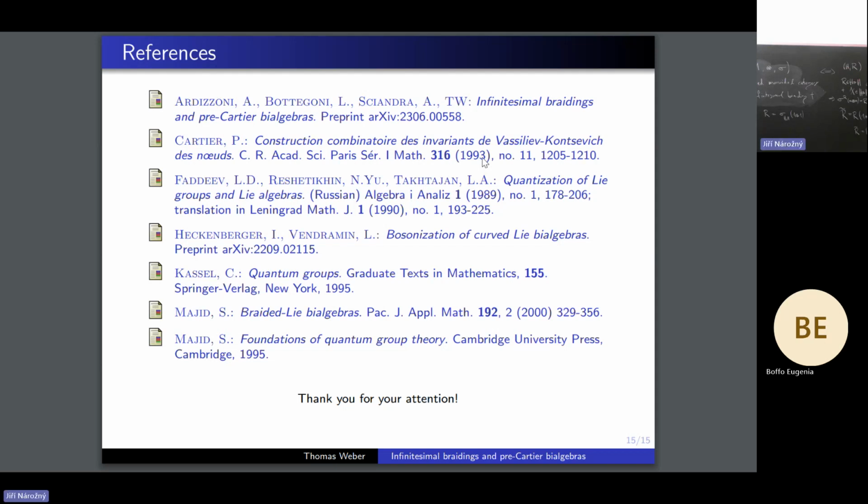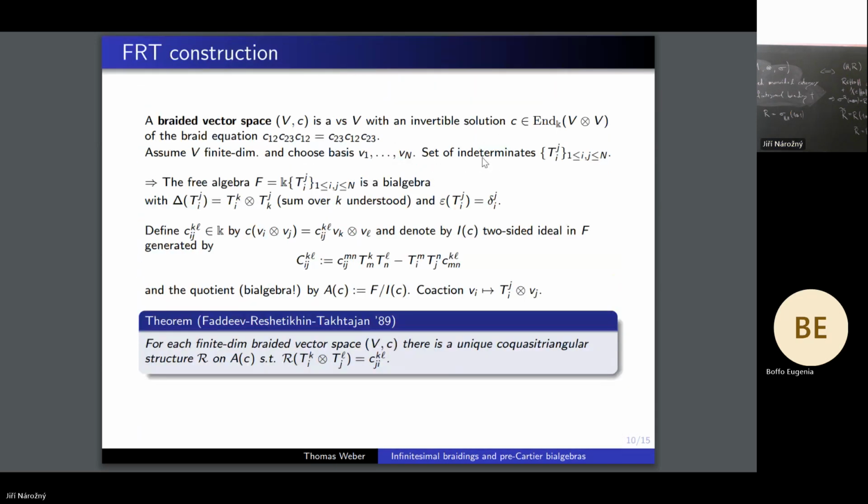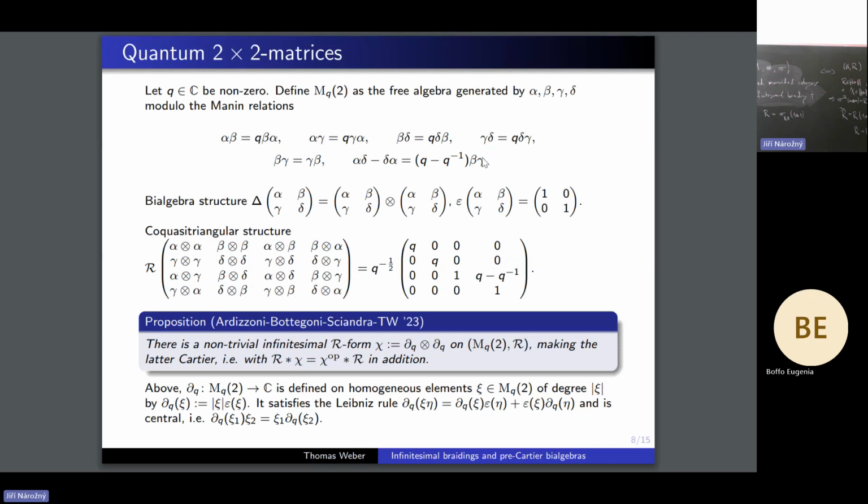Not really a question. Could you go back to the example of the two-by-two quantum matrices? Just curious. Let's see if I can go back. Yeah, there. You're looking for the chi? So here it's really basically the epsilon, the co-unit that you're using, but you are multiplying it with the degree of your element.